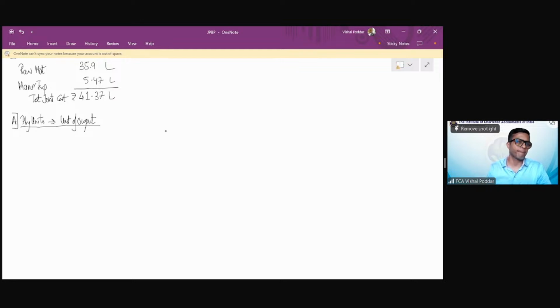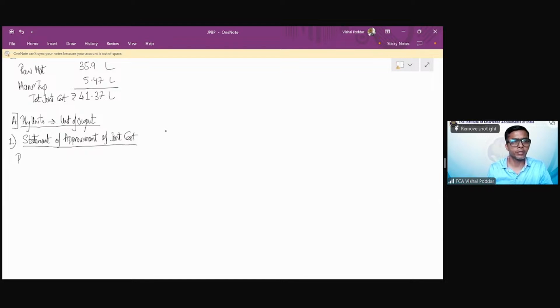Correct? Now always your first statement is what? Statement of apportionment of joint cost. So in my first statement, in my first working, I will simply divide this joint cost between my products using one of the ratios.